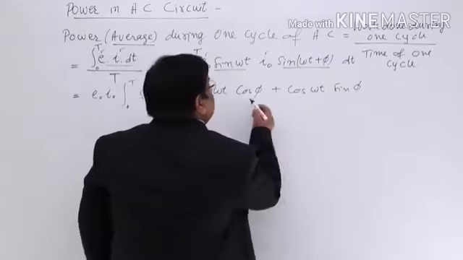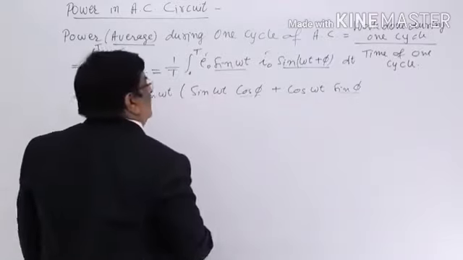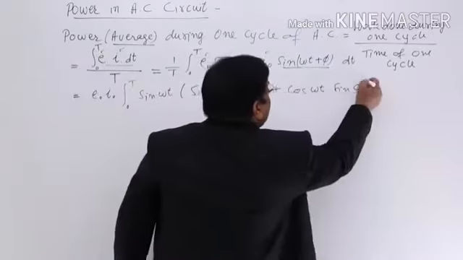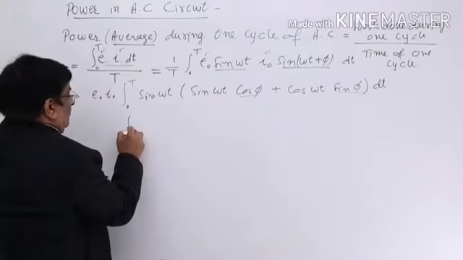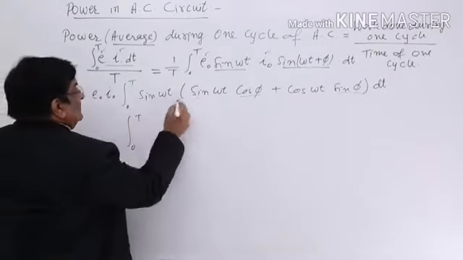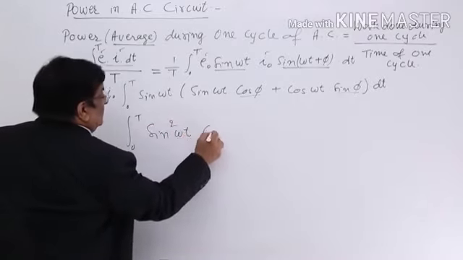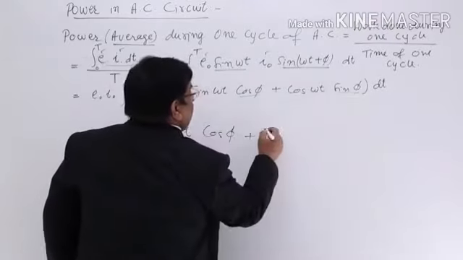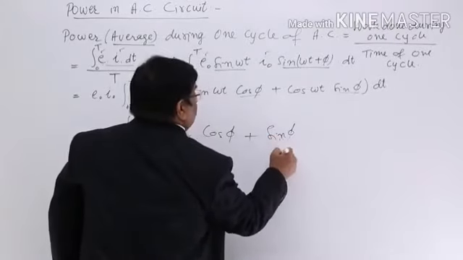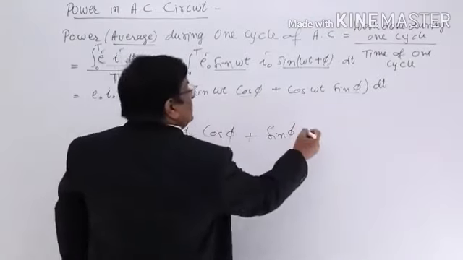So phi is a constant term, and omega t terms are variable. Anyway, dt. Now we open this bracket, and what we get here is sine square omega t cos phi plus sine phi, and this is sine omega t cos omega t.